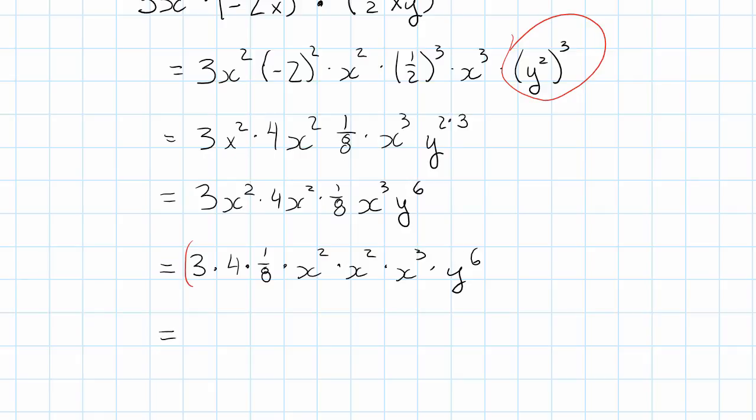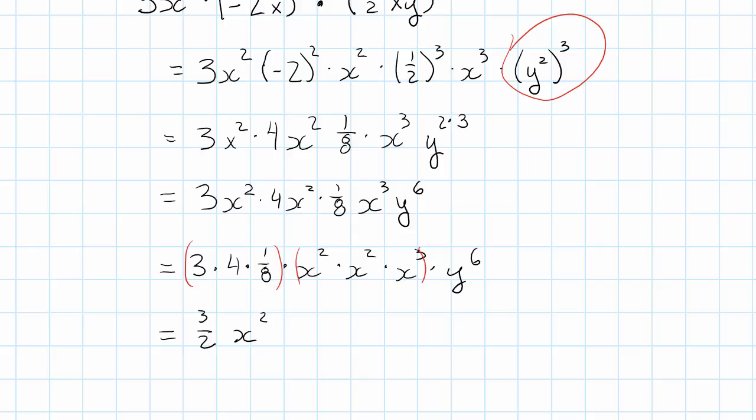Now, using the associative property, I want to combine all the numbers, combine all the x's. 3 times 4 times an eighth, that's 3/2. You're welcome to use a calculator for that if you'd like. X squared times x to the third.